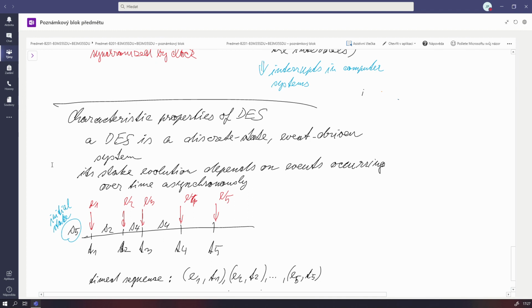Then we have a state change to S1, and so on, so that we can also write a sequence of states. So if we start from S5, then we go to S2, S4, and so on, and finish in S1.